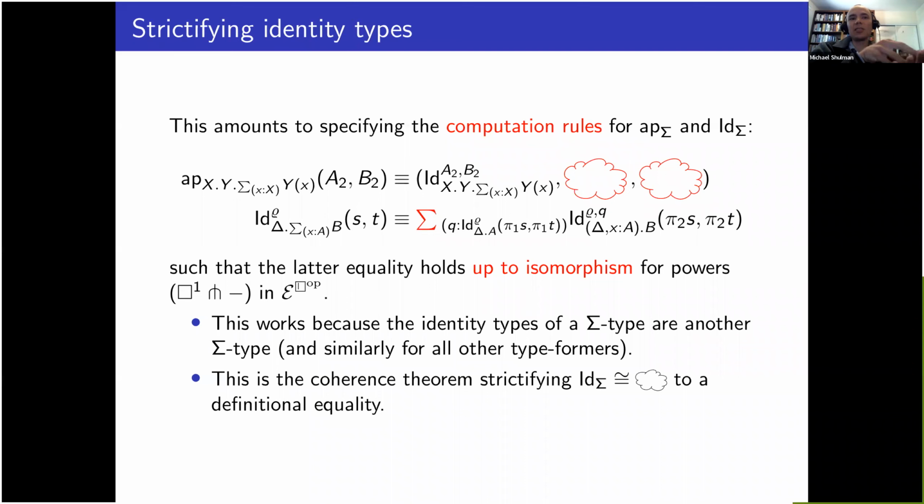Here, a type in U is a type in U0 together with an identity type and an identity type of that and an identity type of that and so on. So in specifying a type in U, I get to specify all of its identity types exactly. And so when specifying a sigma type, I get to specify exactly that its identity types are literally other sigma types. So that gives me this coherence theorem that strictifies these computation rules.